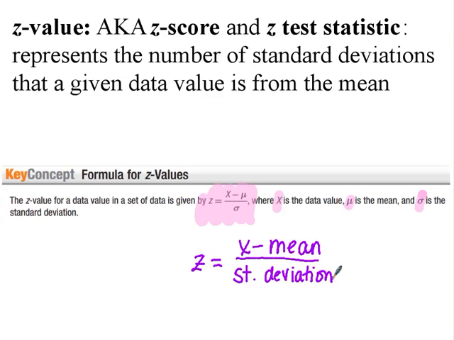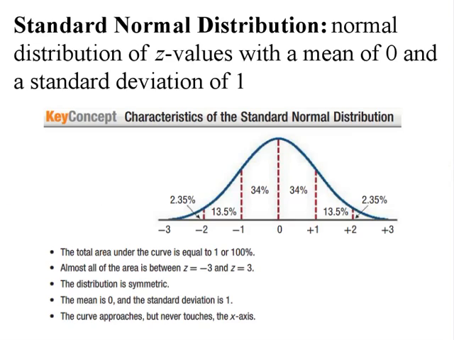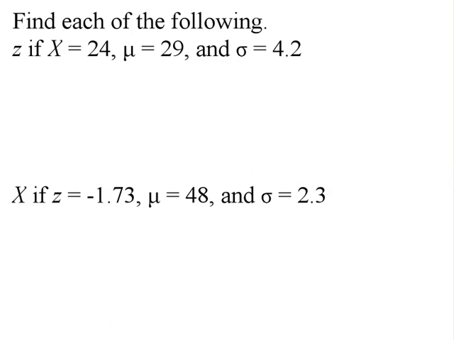All right, so let's go ahead and look at an example. Find each of the following. Z if X equals 24, mu equals 29, and sigma equals 4.2. That's all you do. So Z equals, what did I just say? 24 minus 29.